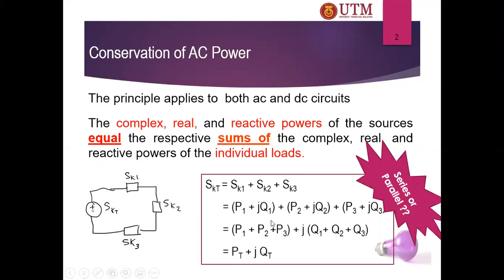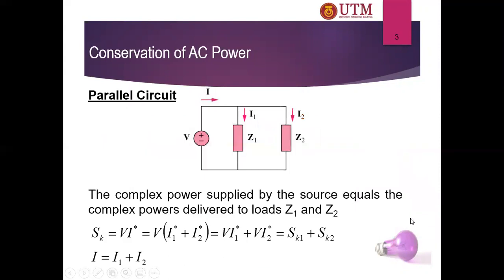So do these equations apply to a series connection, a parallel connection, or a series-parallel connection of a circuit? Let's look at how we can prove this. We look at the parallel circuit first.